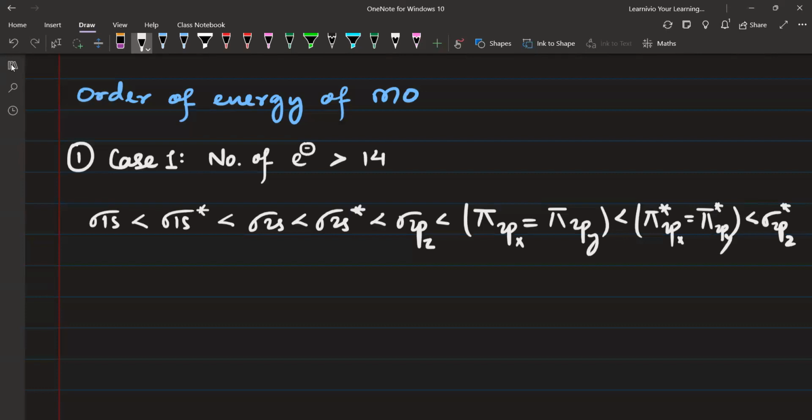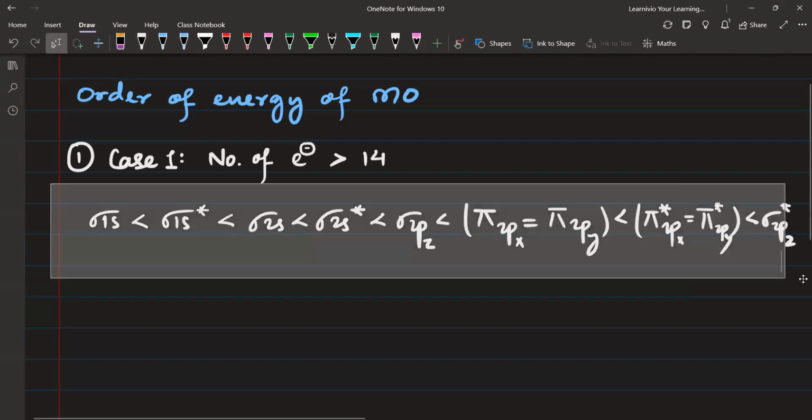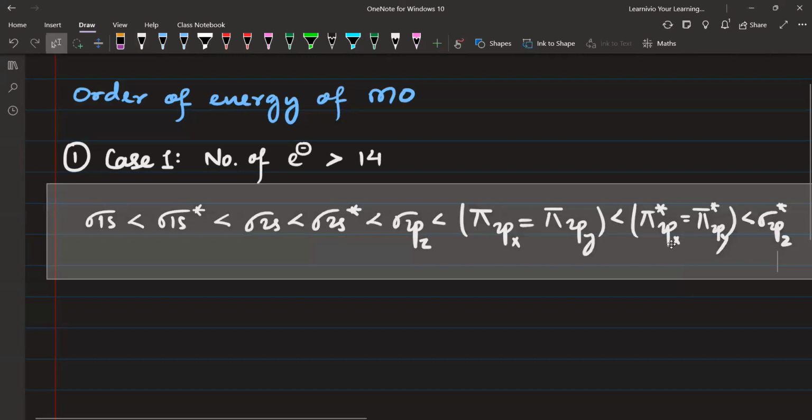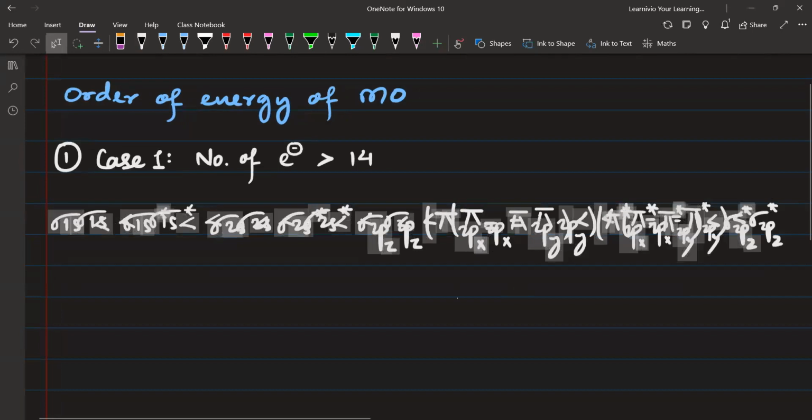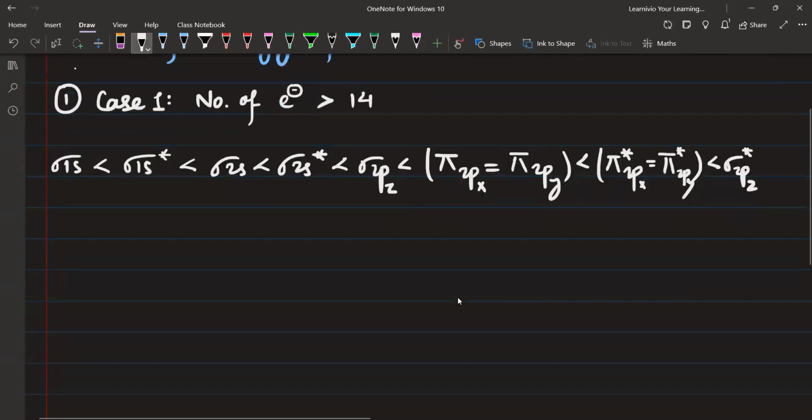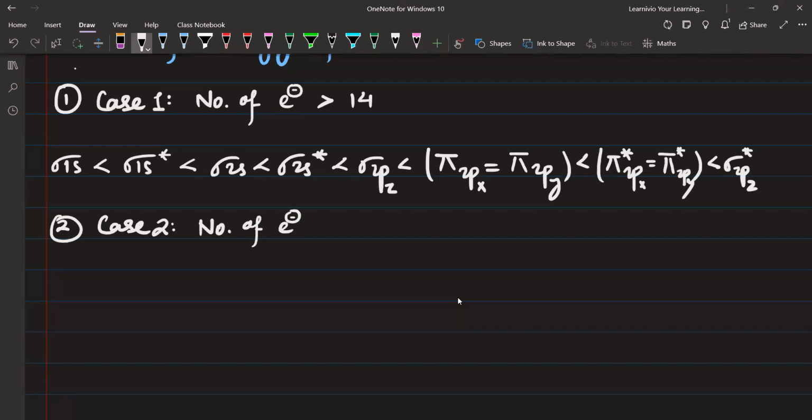ठीक है. And case 2 जो है, case 2 is going to be when you are having number of electrons less than or equal to 14. ठीक है, ध्यान से case 2. यहाँ पे क्या आएगा?